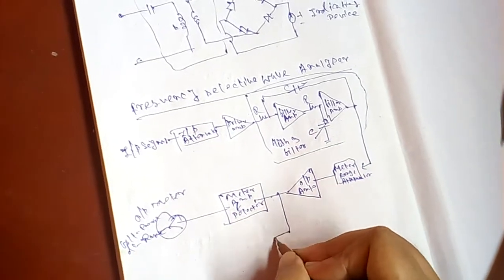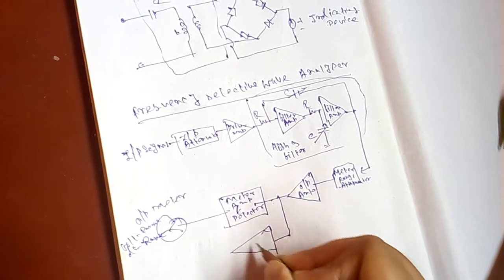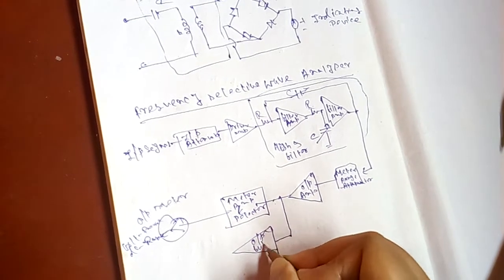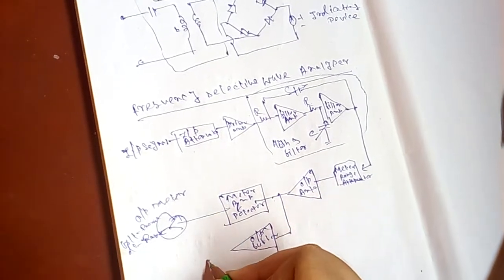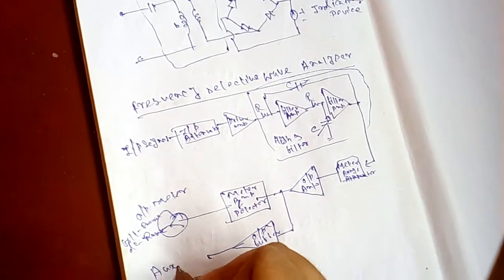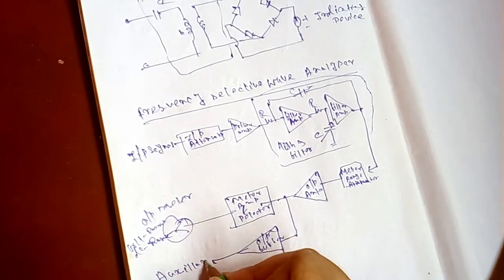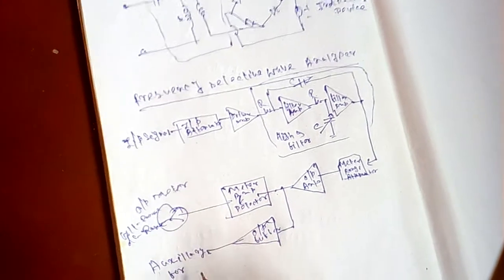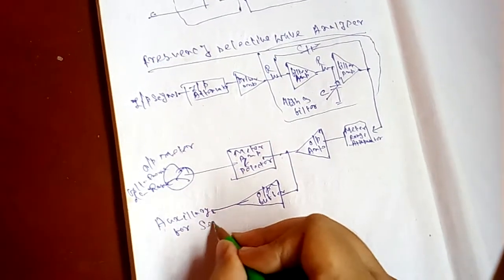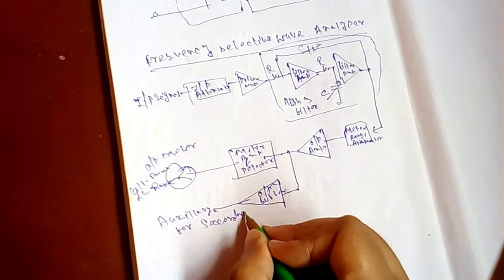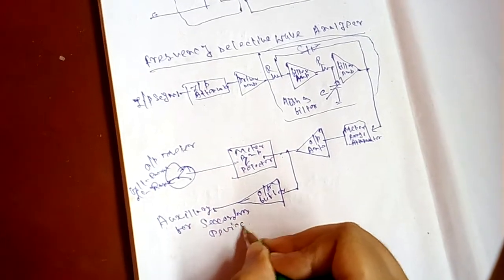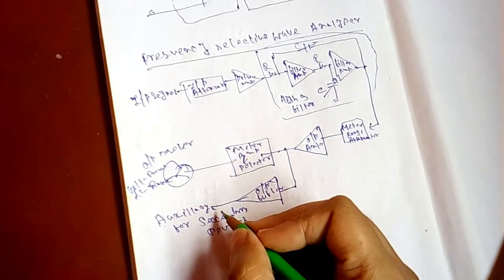In the meter we take an output buffer or auxiliary output or secondary device. Here the RC circuit is used.